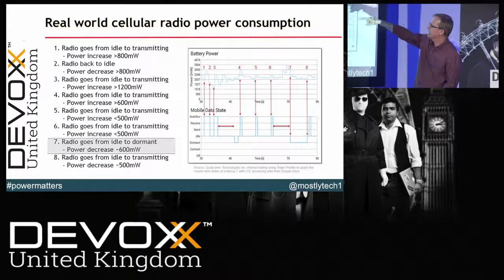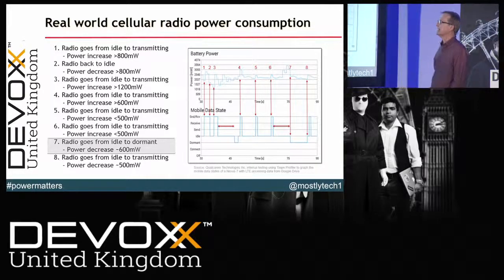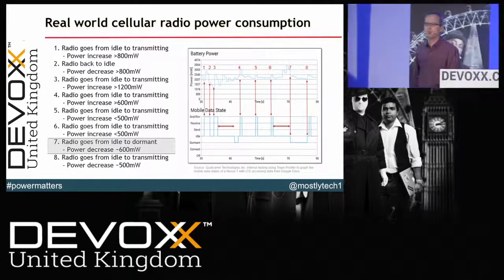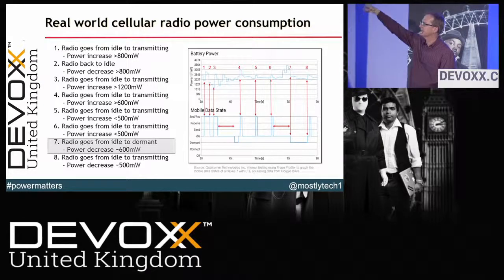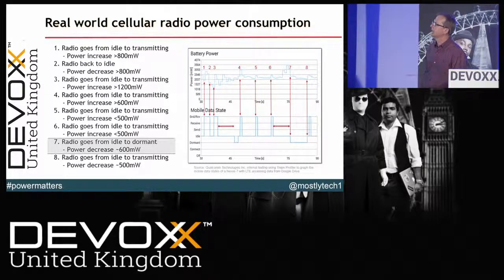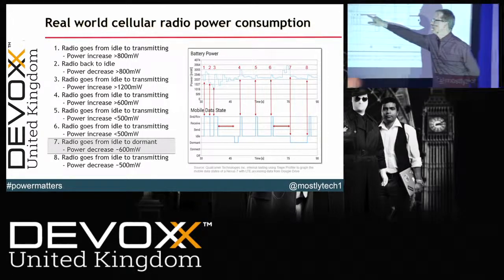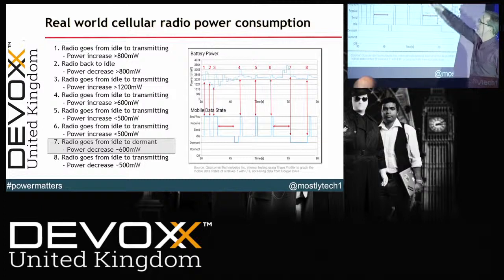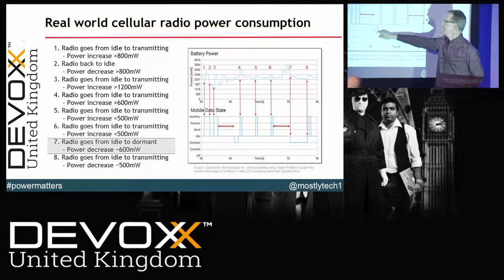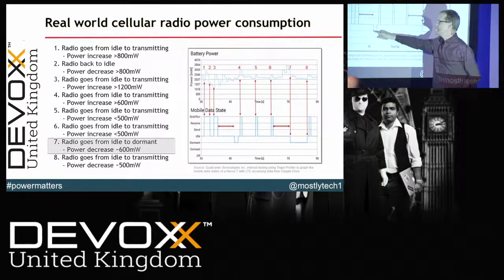Later on, it drops back to idle, but almost immediately after that, I clicked again and opened a document. You can see a similar thing. It drops back 800 milliwatts, and then it actually goes up 1,200 because I was loading a document. There's probably more data being transmitted. This is the interesting part here. Here's the long tail, where we go from the full power state finally down to this dormant state.